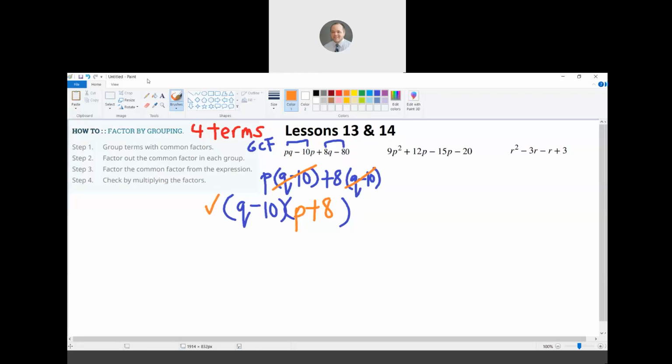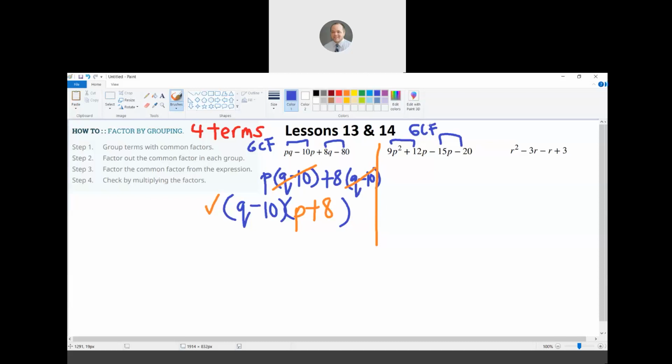Let's look at the second example in the middle. Again, we got 4 terms, so we factor by grouping. We'll group the first 2 terms and the last 2 terms and take out each GCF.